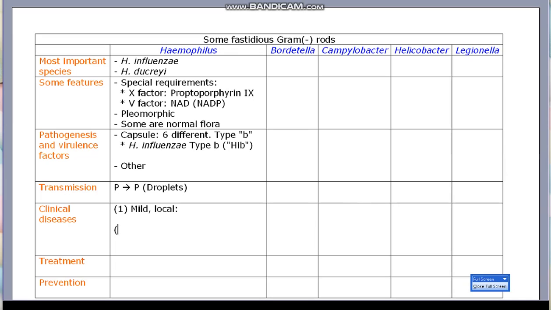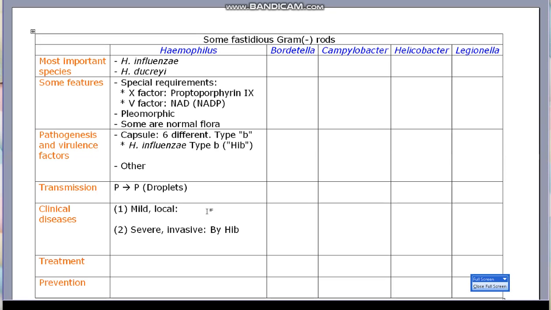The second one, severe invasive diseases. Severe invasive diseases are caused by Haemophilus influenzae type B. So the worst one. They cause the most severe invasive diseases. The local mild diseases are caused by bacteria without capsule.